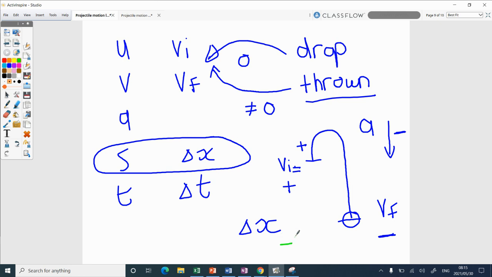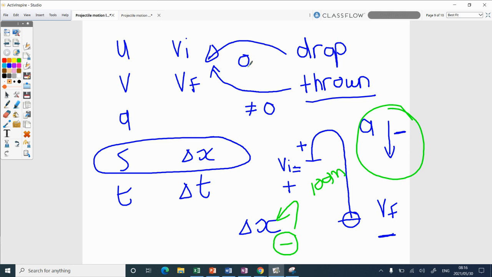Negative. Delta X must be negative, and this is the one where people make mistakes, because they tell you that this is 100 meters and you just go delta X is 100 meters and you forget that because we decided down is negative, they have to put the negative, and that's the main problem with these questions.